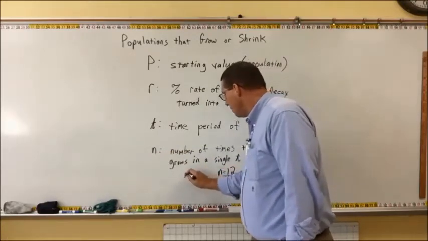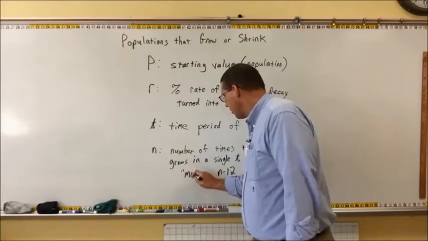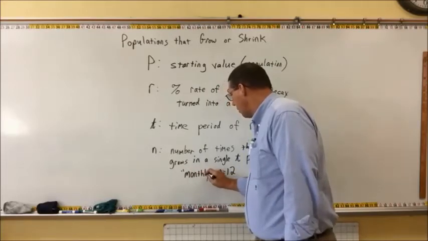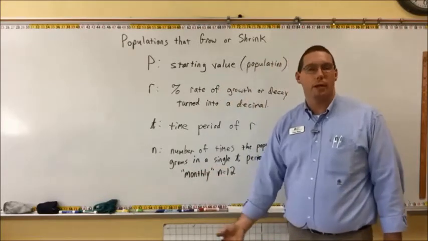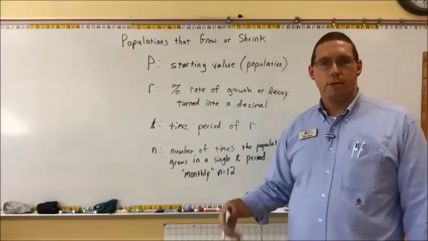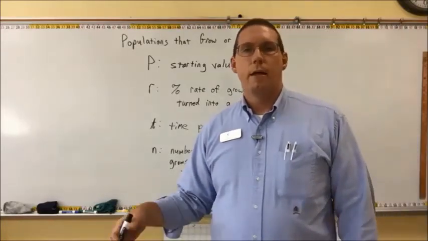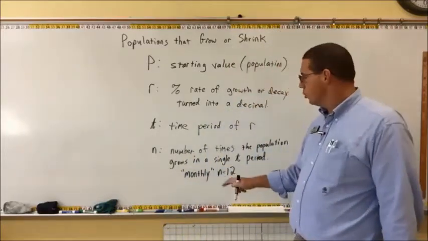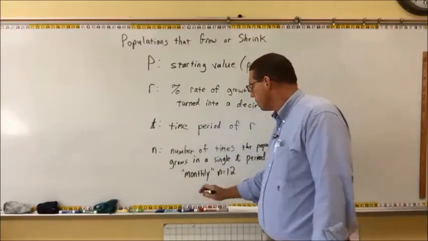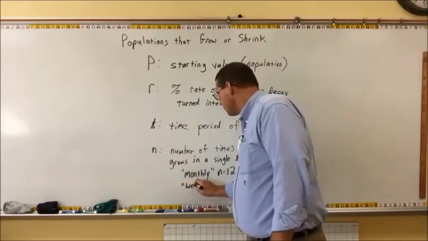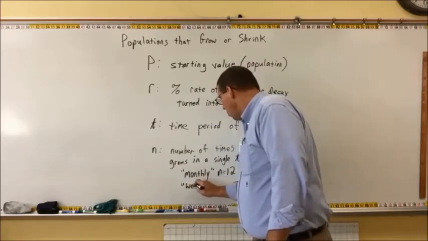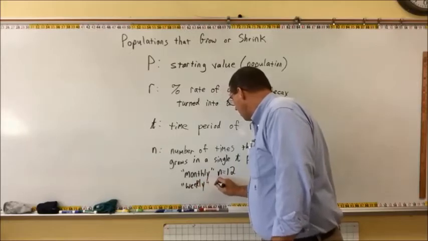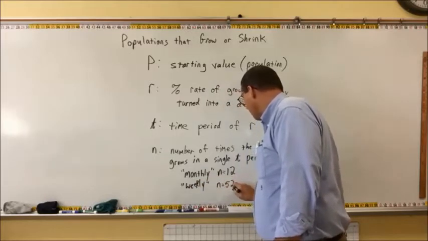So if the question says that the population is growing monthly, or is compounding, really that's the word you're going to see, is compounding. It might say growing monthly. So monthly means 12 times per year. How about weekly? Well, weekly, that would be 52 times per year.